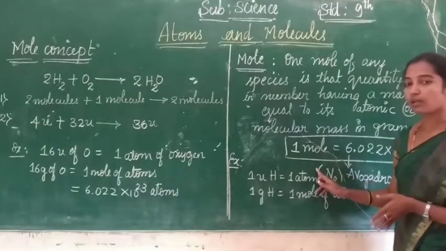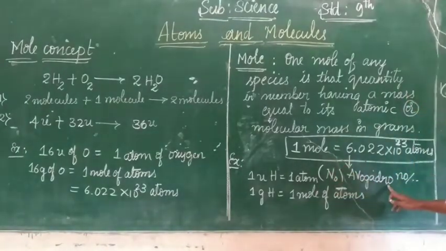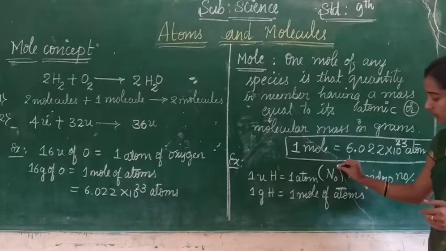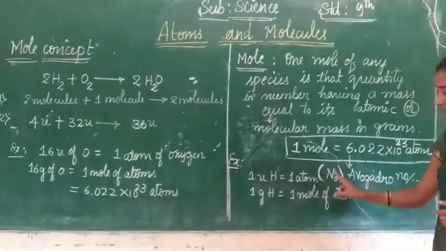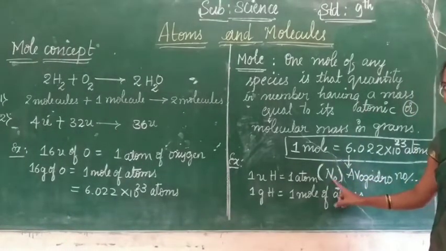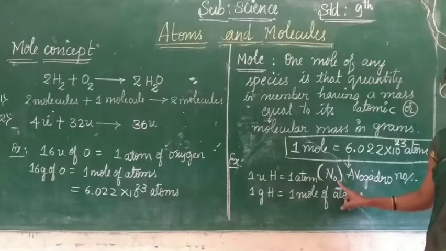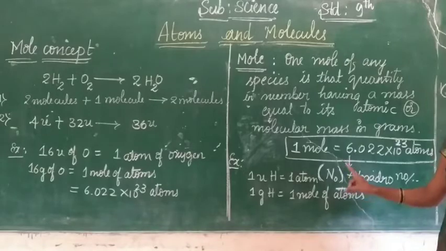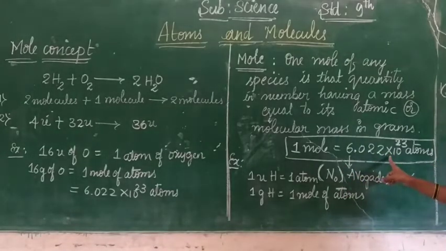This mole number is also named the Avogadro number. The Avogadro number is represented by the symbol N0. This is very important from the exam point of view.